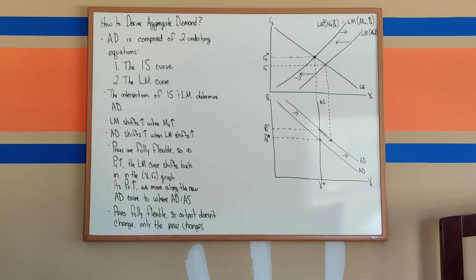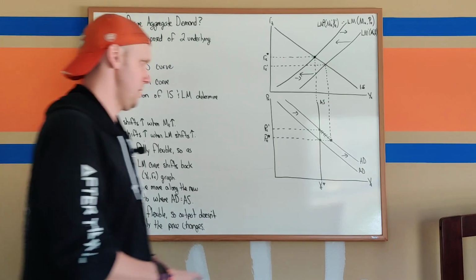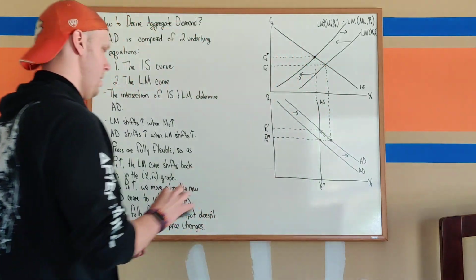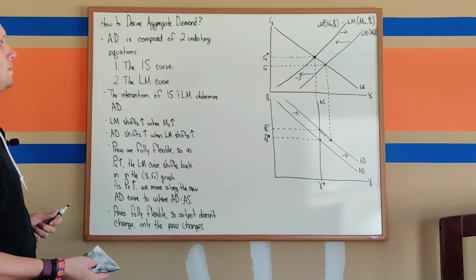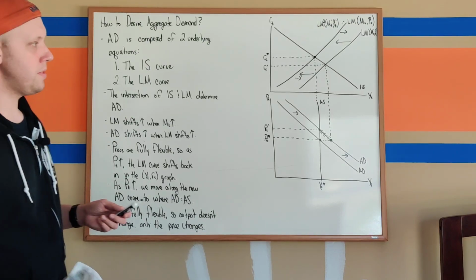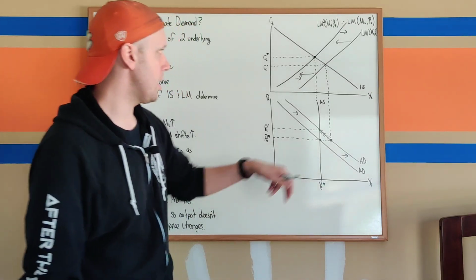I don't know why I'm standing here waiting for you to soak this up, because honestly, you can just push pause. Right, so that's what happens under a monetary policy shock. So under this model, what we've seen is that a monetary policy shock does nothing.